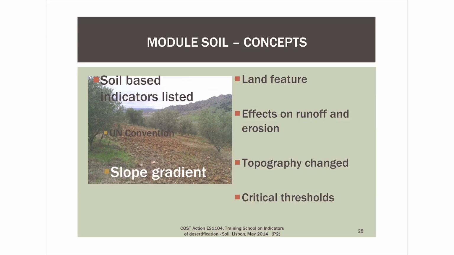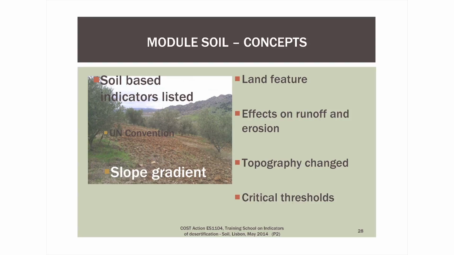So, slope gradient. It is among the soil-based UN Convention indicators list, but actually it's more a land feature than a soil property. But it is important, as you saw, for instance, for drainage, and it is also important for the idea of a mass balance approach to the soil degradation process.